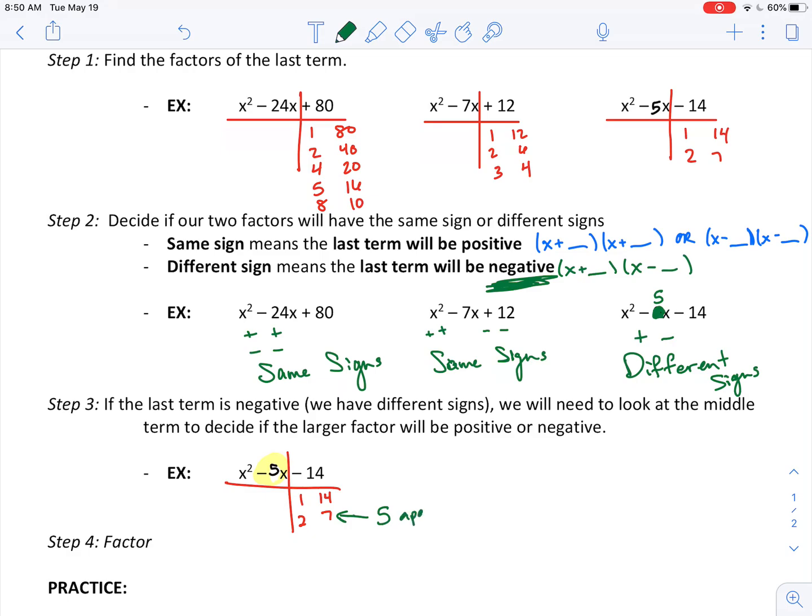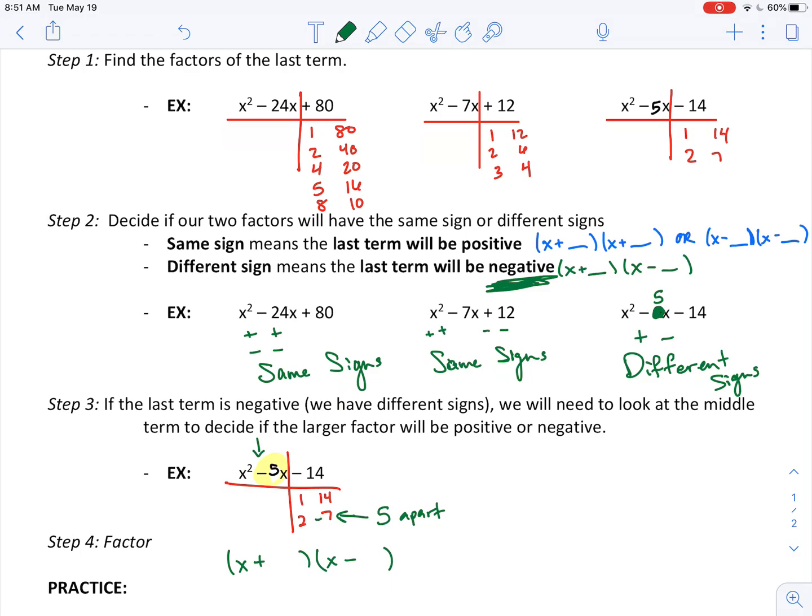And then we will look at if I've got a negative middle term or a positive middle term. If I have more negatives, then this will be negative. If I have more positives, that middle term will be positive. So we already said I have different signs because my last term is negative. And we know I have more negatives because the middle term is negative.